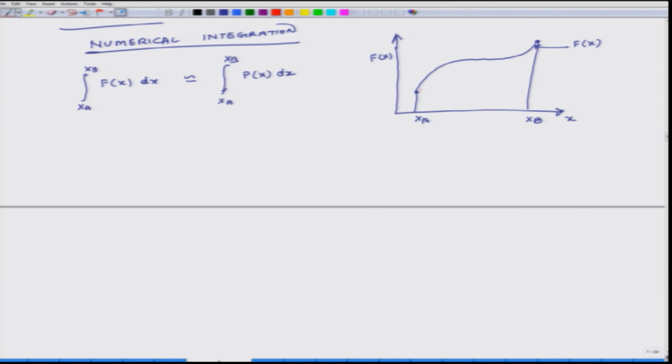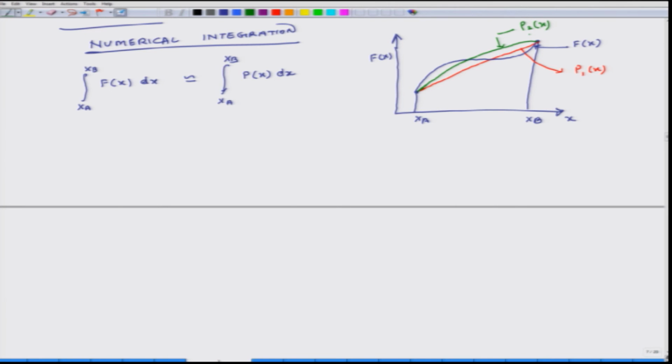I can say that I will approximate the variation between a and b by a straight line. So, this is one option for p1(x), a straight, linear variation. So, I will get an approximate integral: the exact integral will be under the purple line, and the approximate integral will be under the red line. I can make another approximation like this.